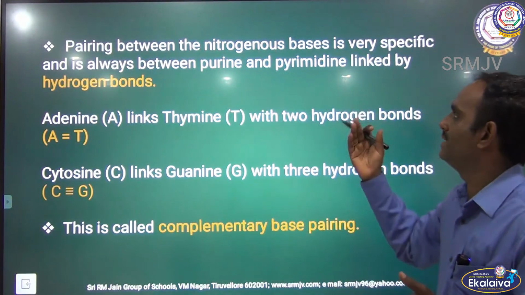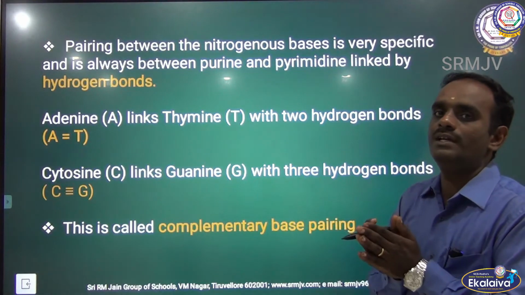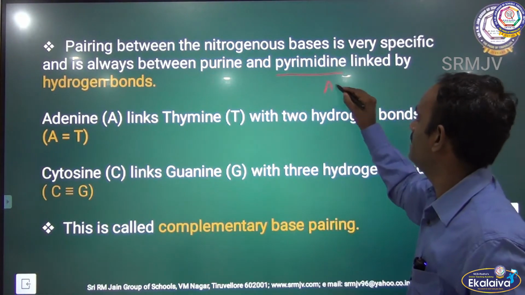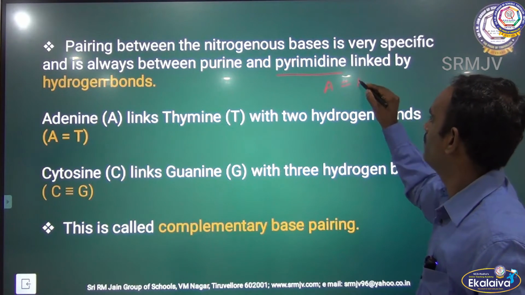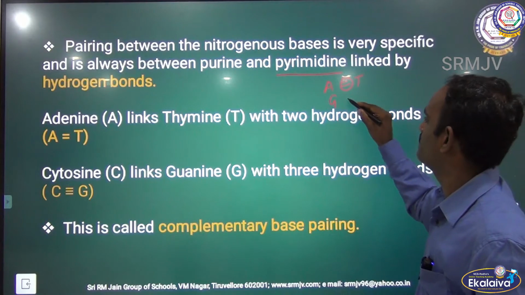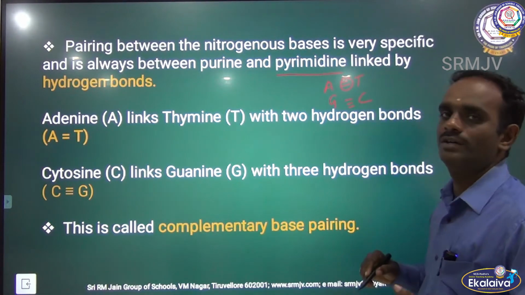Pairing between the nitrogenous bases is very specific and it is always a purine base paired with a pyrimidine. So, adenine base pairs with thymine with a double hydrogen bond and guanine base pairs with cytosine with a triple hydrogen bond.